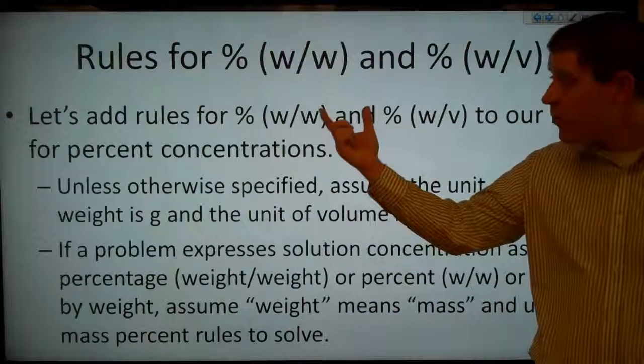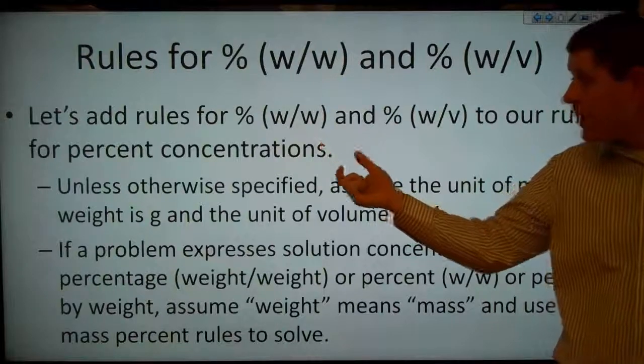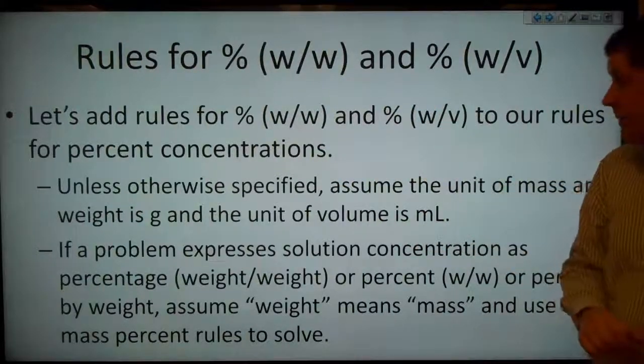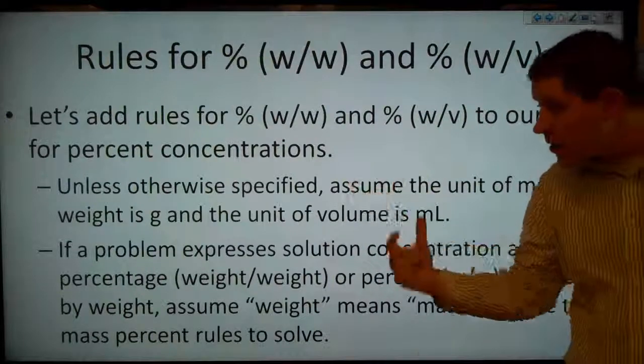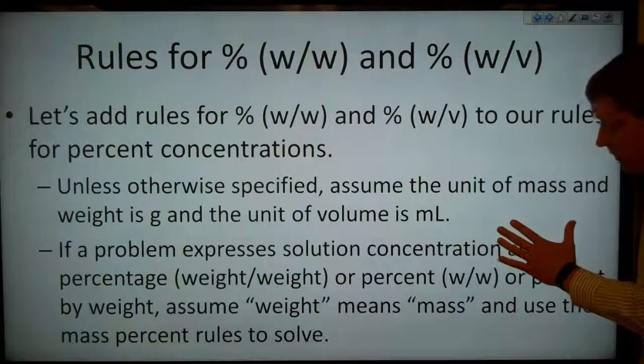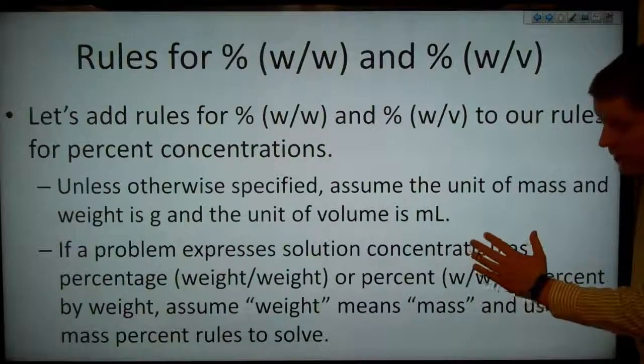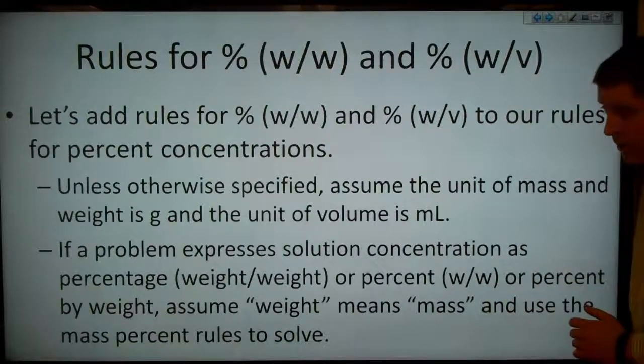So let's add rules for percent weight by weight and percent weight by volume to our rules for percent concentration. So unless otherwise specified, assume the unit of mass and weight is grams and the unit of volume is milliliters.